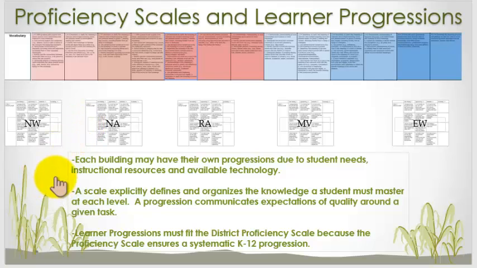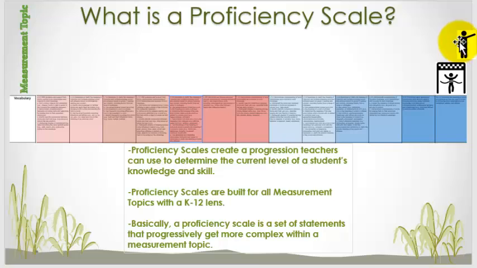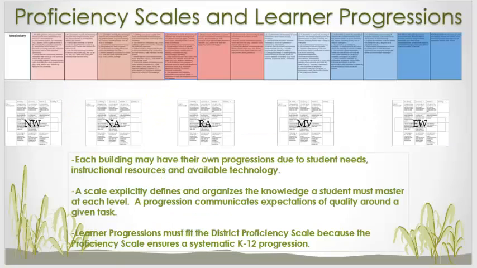All right, so each building may have their own progressions due to student needs, instructional resources, and available technology. As I said, the proficiency scales are going to tackle that K-12 approach. However, in your building, you're not going to have all the same resources, and you certainly don't have the same demographics or the same types of students.